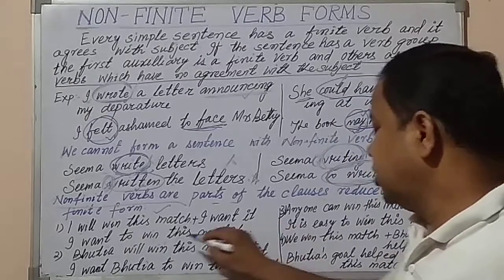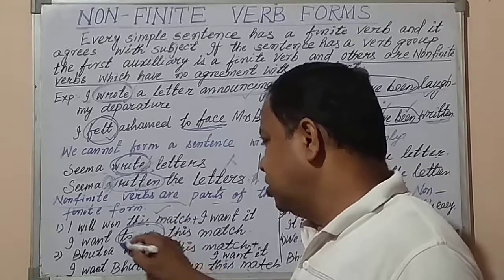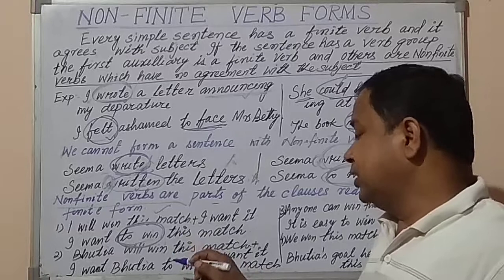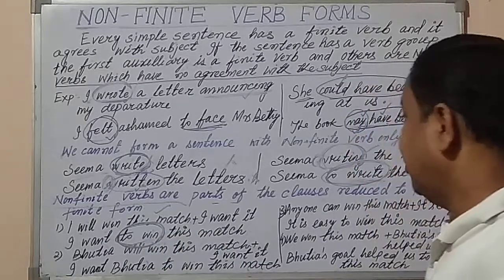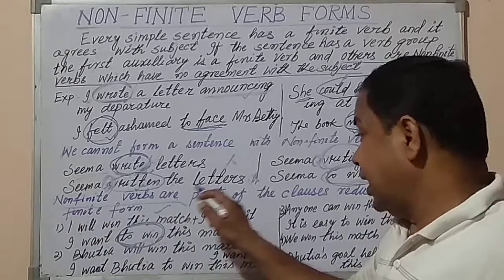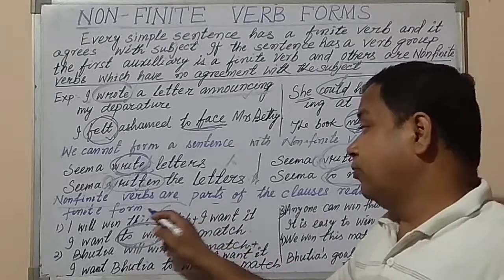You see here, to win is the reduced part of these two clauses. So we can say that this is a non-finite verb. Non-finite verbs are the parts of clauses reduced to non-finite form.